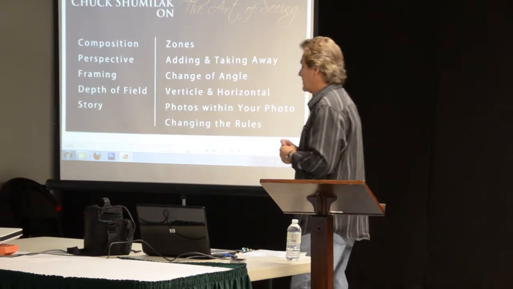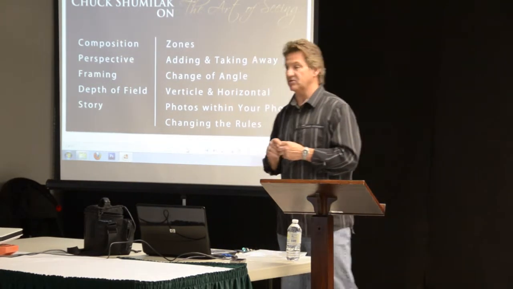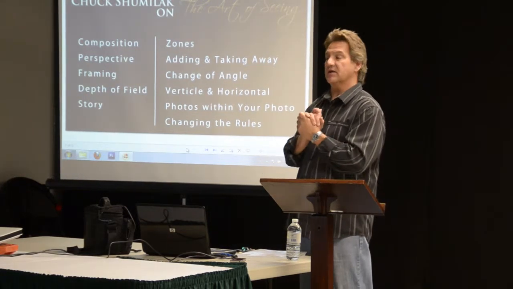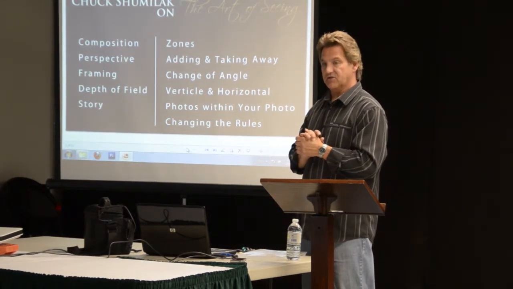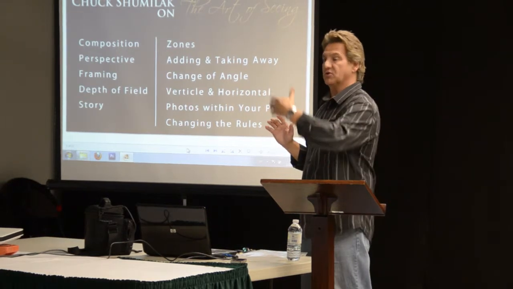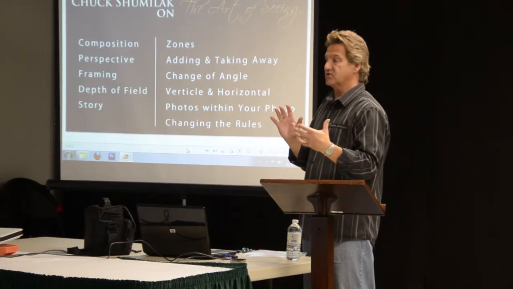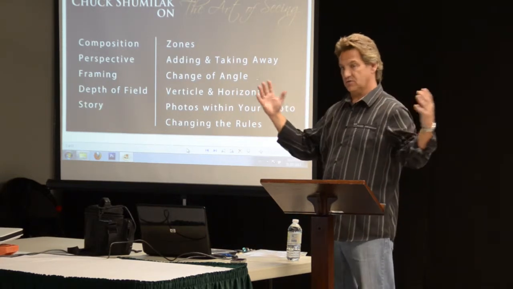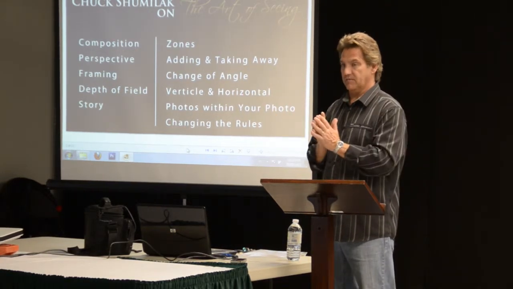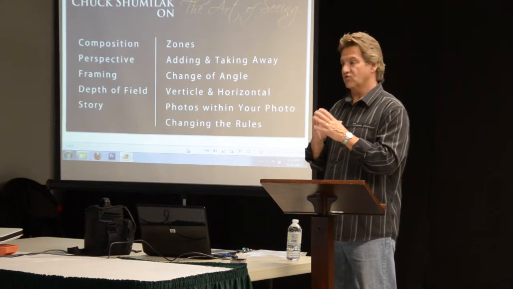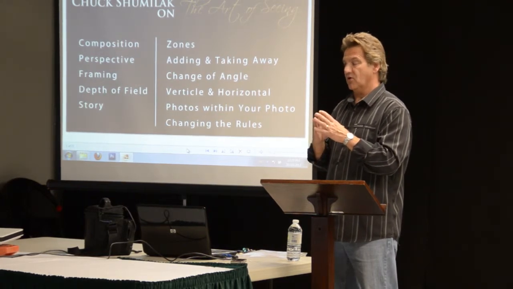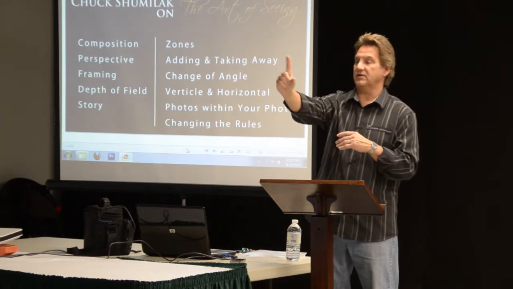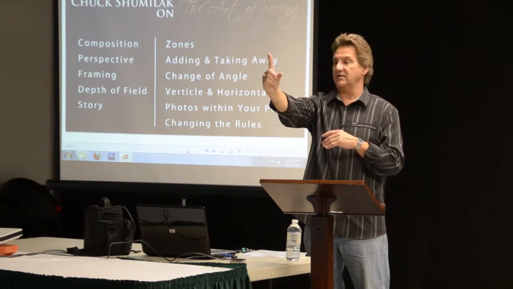So let's go back to depth of field, because I'll spend a couple minutes with you on depth of field. What depth of field is: in every photograph you take, there's so much in front of the subject and so much behind the subject that are also in focus. And you can make that area stretch or shrink, okay, by using controls on your camera. The best way I can tell you to look at it is hold your finger in front of you like this, arm's length away from your face.